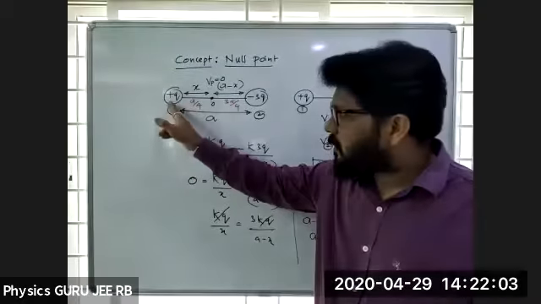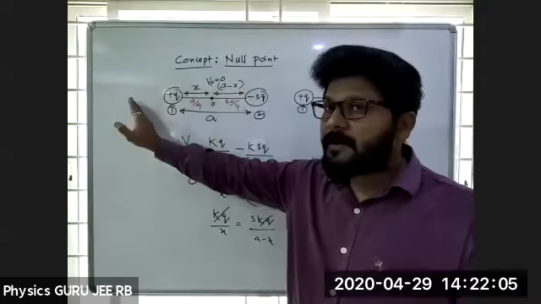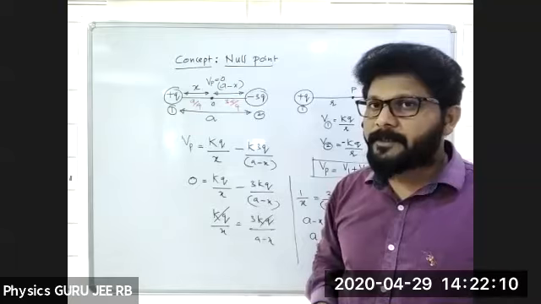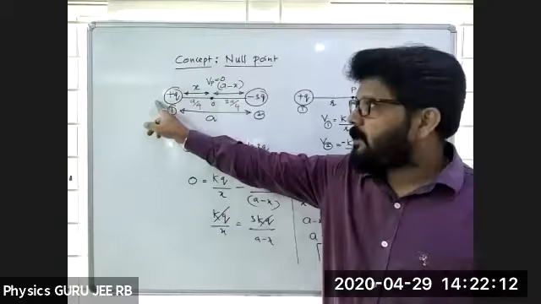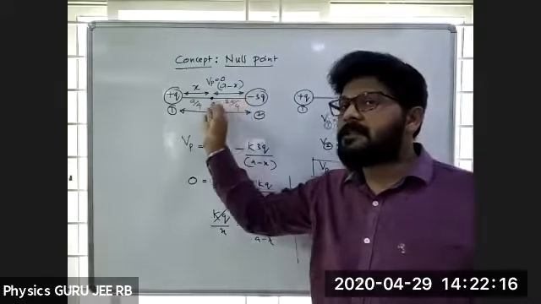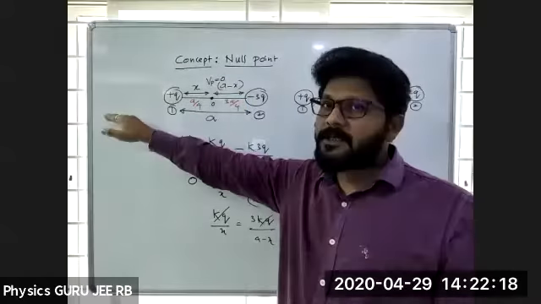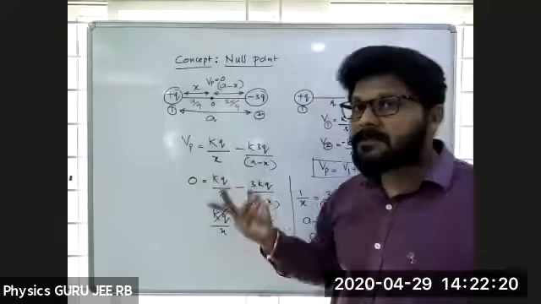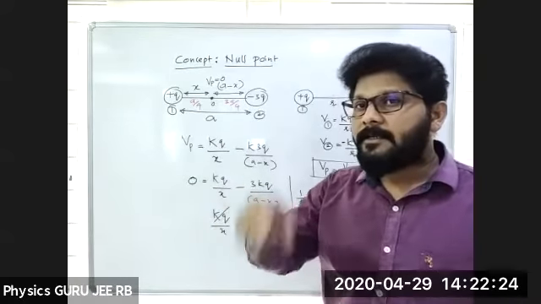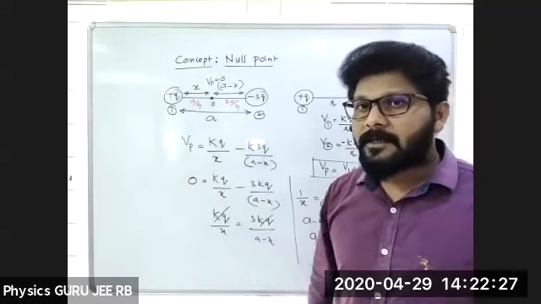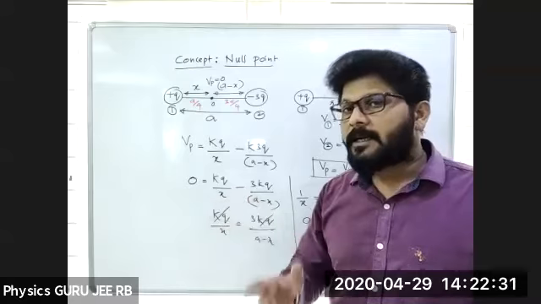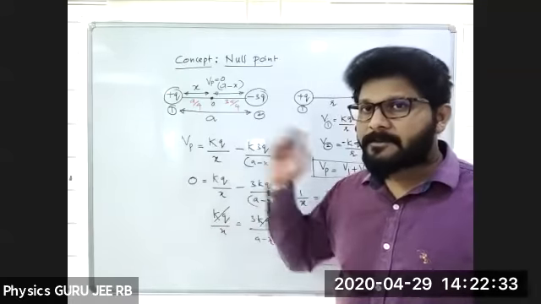If plus q is the smaller charge, just away from it there is also one more null point possibility, right? So between two charges or outside the smaller charge, because outside the bigger charge is not possible. Already we discussed this when calculating null points for electrostatic force or electric field intensity, right?